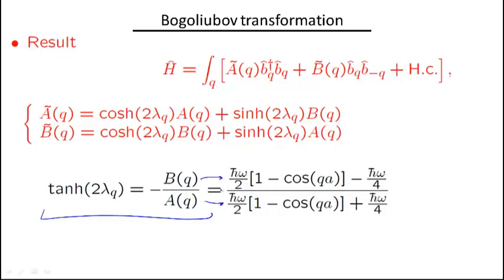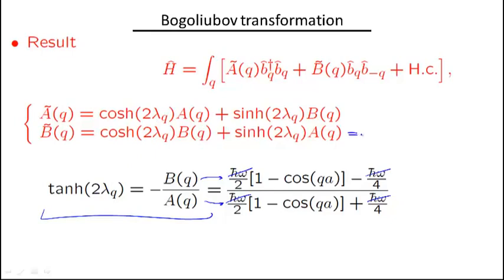I wrote it explicitly this way, but as you can see, a lot of things here cancel out, including this h omega, and there are a lot of other simplifications involved. If you play around with these coefficients and do a little bit of algebra, you will see that lambda of q determines this guy.